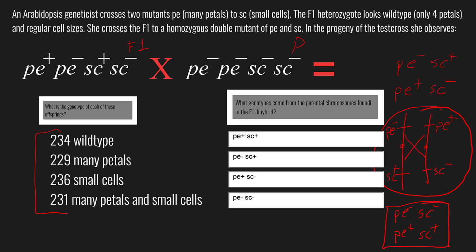Well, now that we subtracted the information from our table, it's much easier to see. So the wild type is going to represent a recombinant. In the same way, individuals with the 2 mutations expressed are going to be also recombinant.